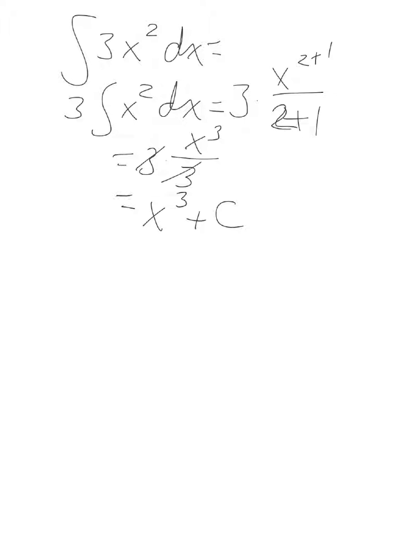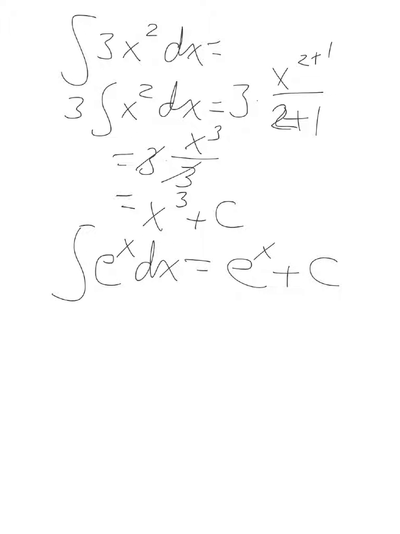Okay, now let's take a look, and again, this is something that's going to come up a lot. If I have the integral of e to the x dx, that's just itself. Since the derivative is the same, the integral is the same, so that's just going to be e to the x plus c. But it's hardly ever that simple.